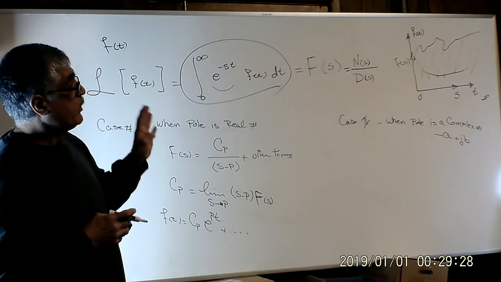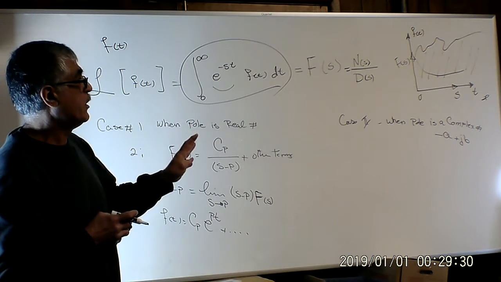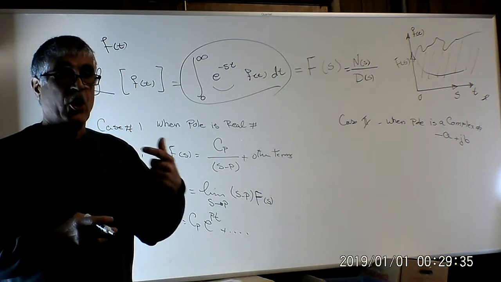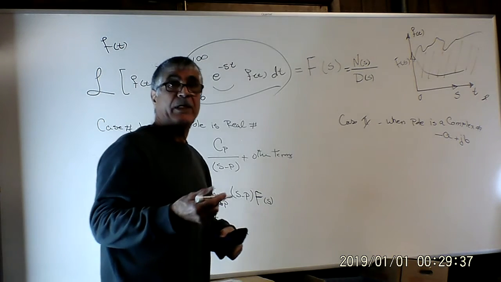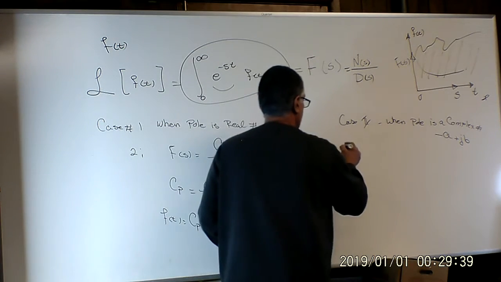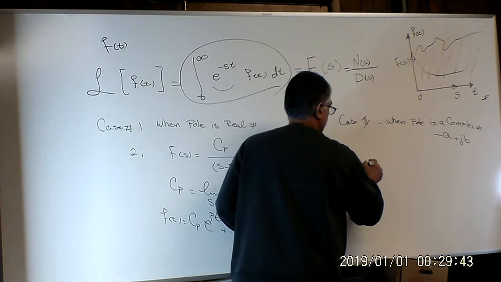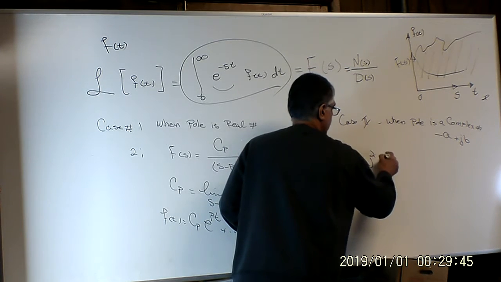Now, when the pole is a complex number, our denominator can be factored into (s plus a) squared plus b squared.